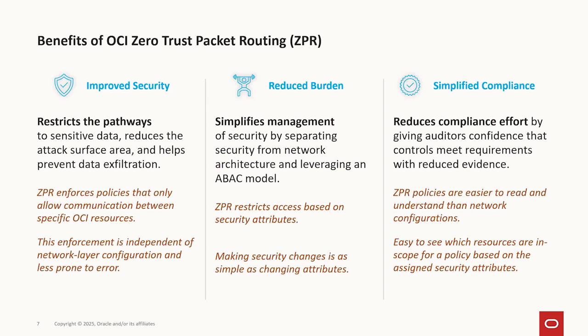And simplified compliance: the intent of the network, the pathways, are not necessarily embedded in very difficult, opaque firewall rules, but they become much more declarative and explicit in those policies, and you can easily edit those policies and actually see which resources are in scope for a policy and which resources are impacted, which pathways are opened up between your resources. So it's much easier to audit, thereby affording simplified compliance.